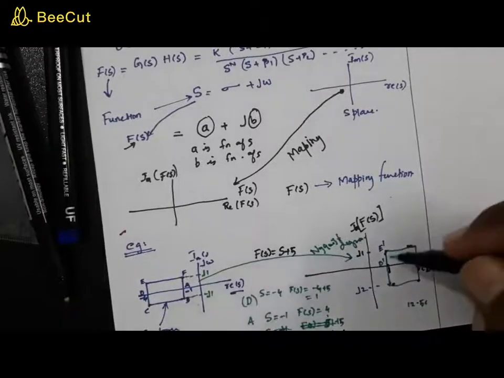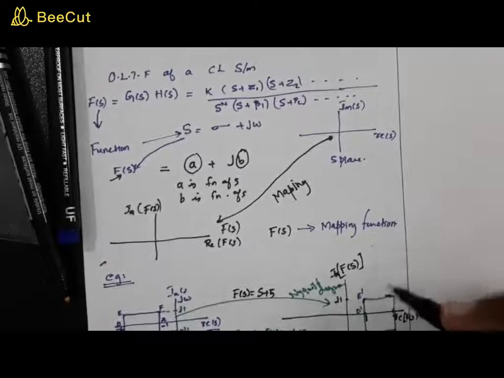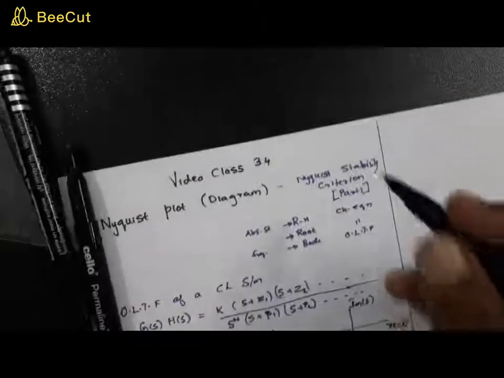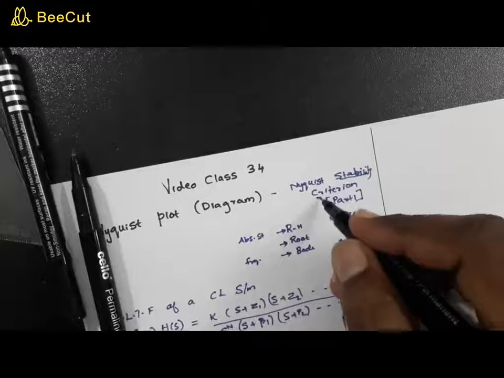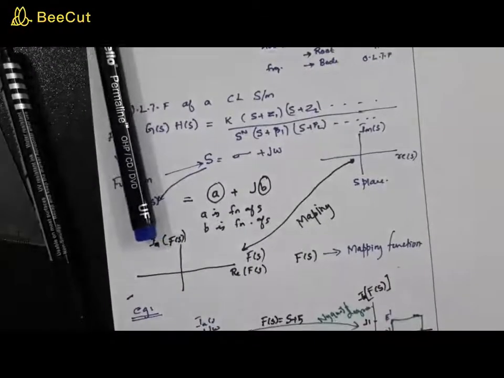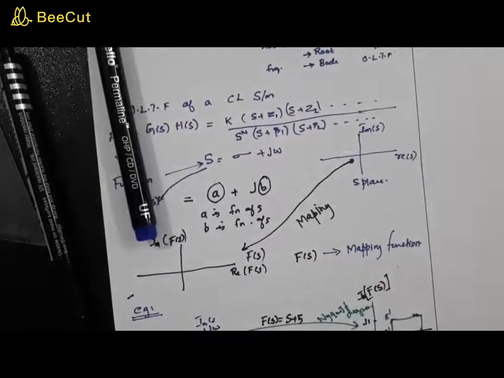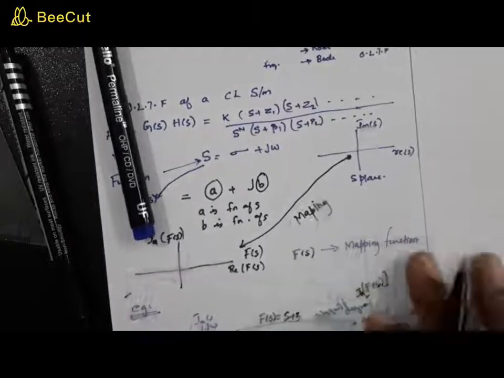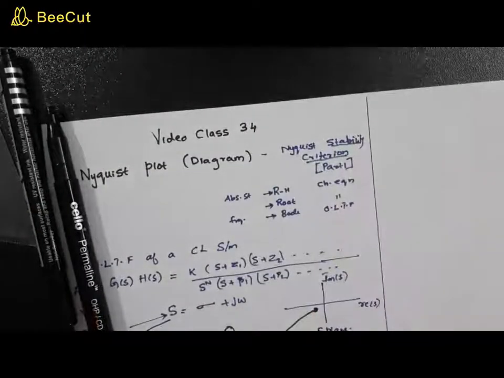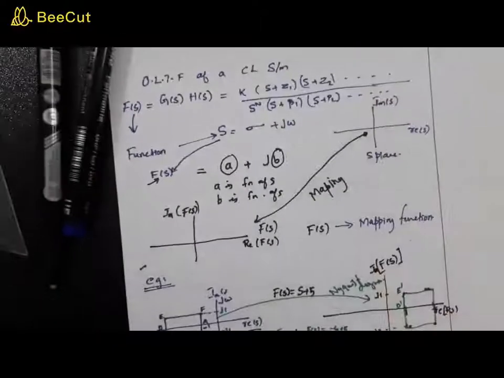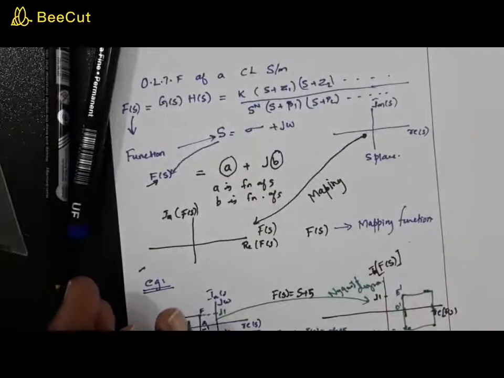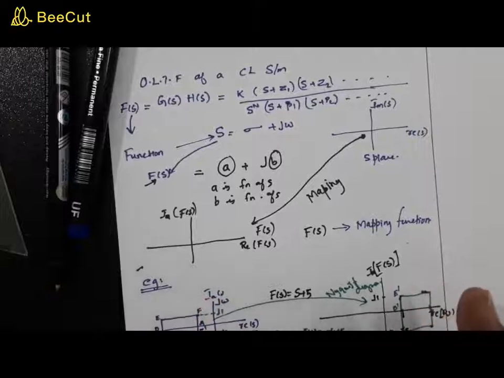And in that contour, or in that Nyquist contour or Nyquist plot, we will apply this Nyquist stability criterion to ascertain the stability. And you don't have to worry about that, what it is. We'll come to that later. Anyway, the first step is how to map an S-plane to this f of s.